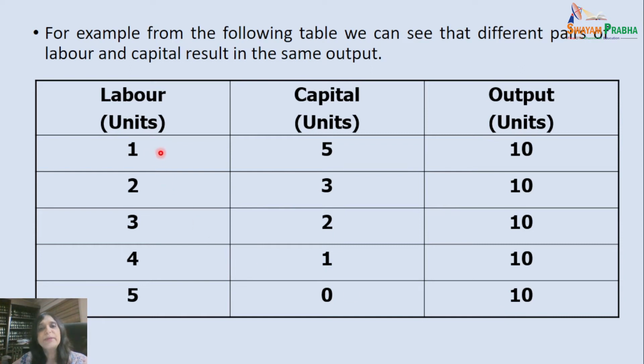In order to increase one variable factor, you have to reduce the other variable factor. So when we plot all these 5 labor-capital combinations on a graph, we get a curve, and this curve is called an isoquant. All of them are giving us the same level of output.